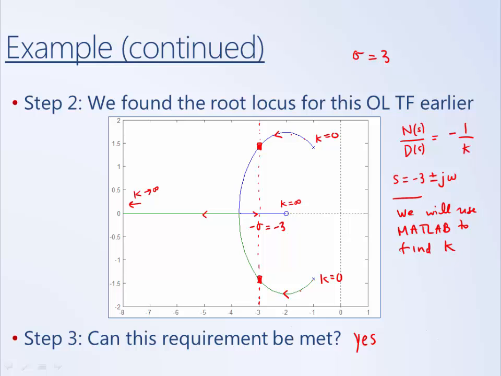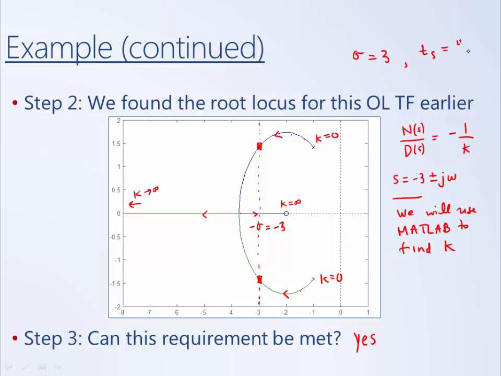That being said, this root locus is still helpful because we can see how change in k moves the closed loop poles. So if we find that our settling time is too large, we can make the settling time smaller by moving the closed loop poles to the left in the complex plane.